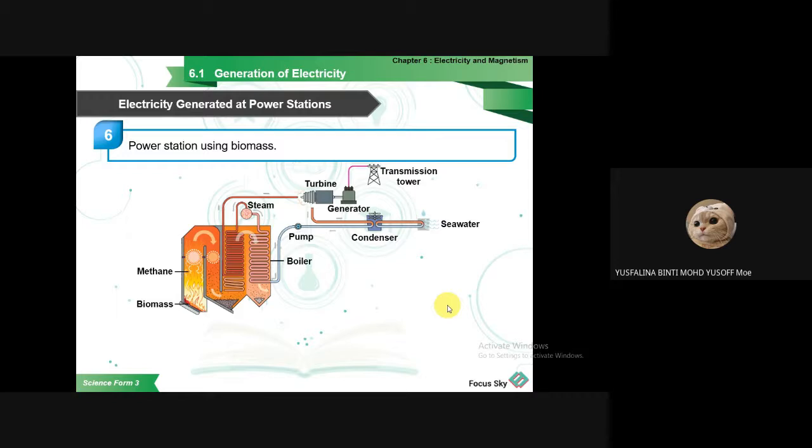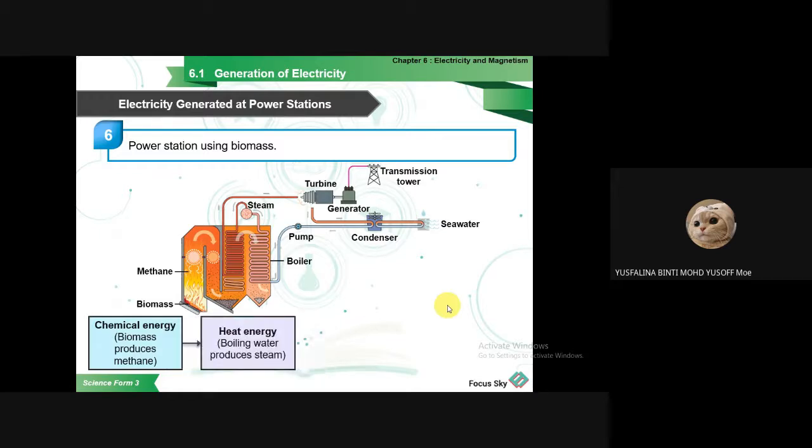So this one is the same, but they use biomass, which is plant residue. The first energy is the chemical energy that comes from the plant residue, and then it changes to heat energy, which is used to heat up the water and change it to steam.